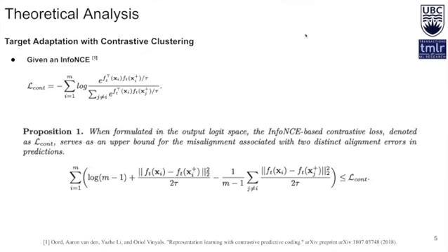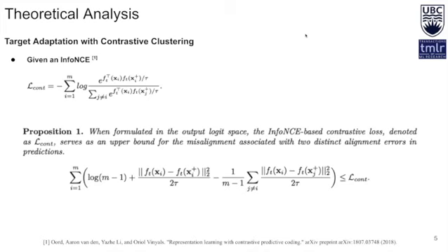Next, we will talk about the theoretical analysis of our work. Our theoretical analysis is built upon a simple contrastive objective called InfoNCE. For InfoNCE, the positive keys are defined as the predictions of the transformations of the target query sample, and the negative keys are defined as the transformations of the other samples within the same mini-batch.